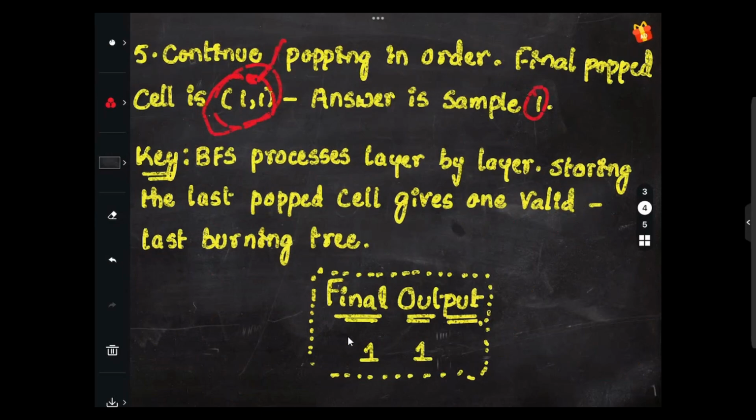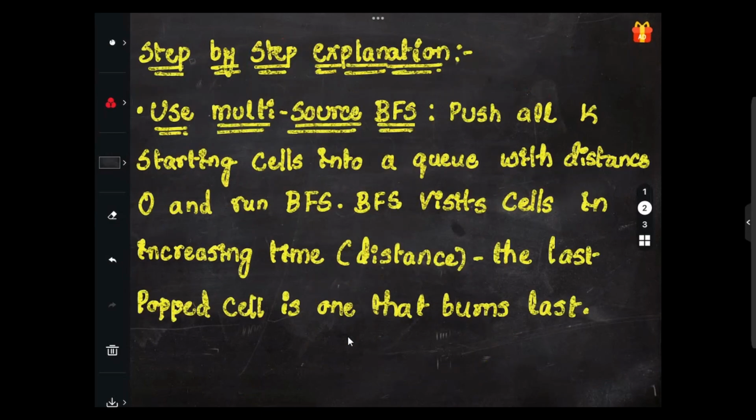As per the discussion here, after applying BFS, BFS visits the cells in increasing time. The last popped cell is the one that burns last, and in the question they have asked us to display the coordinates of the cell that burns last, right?